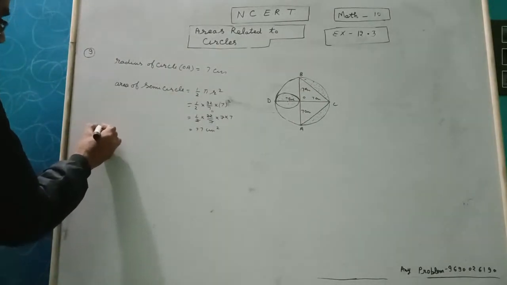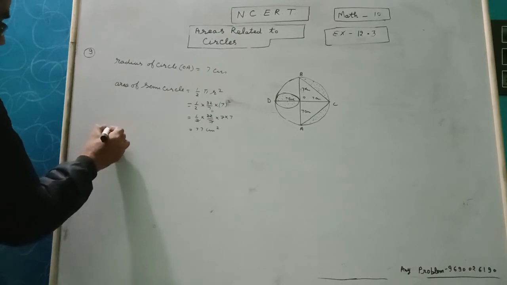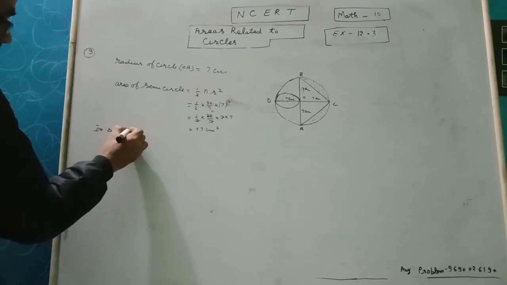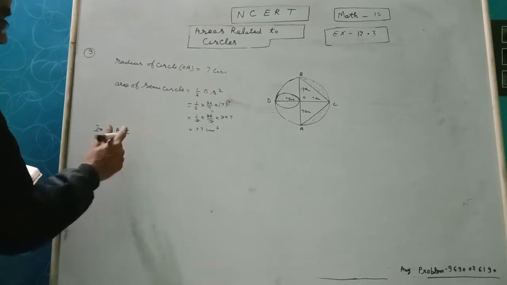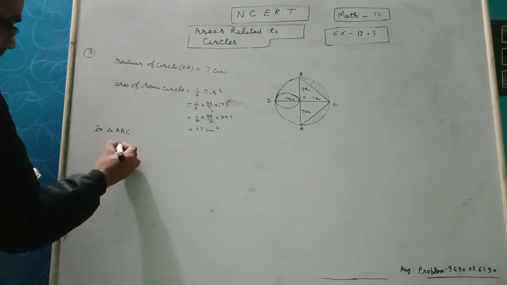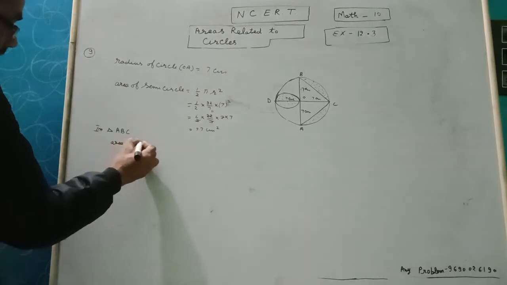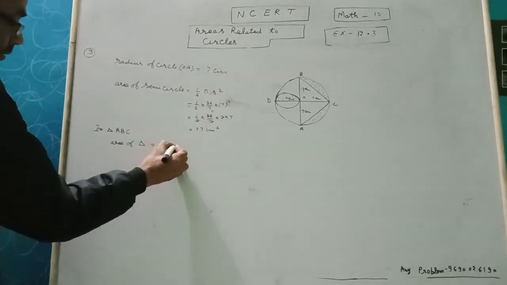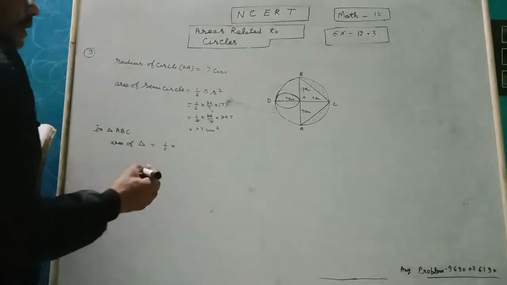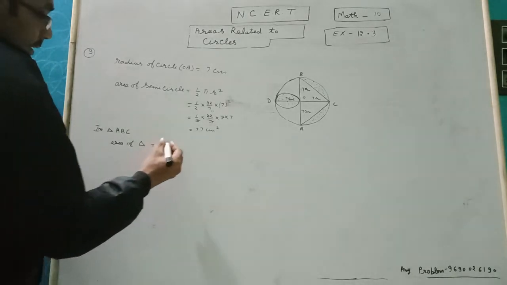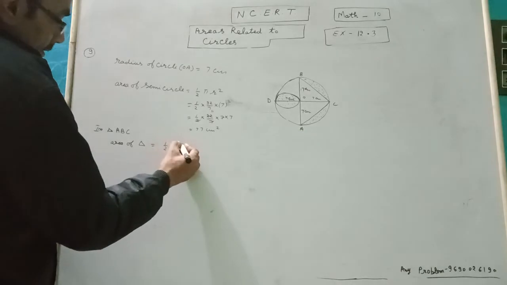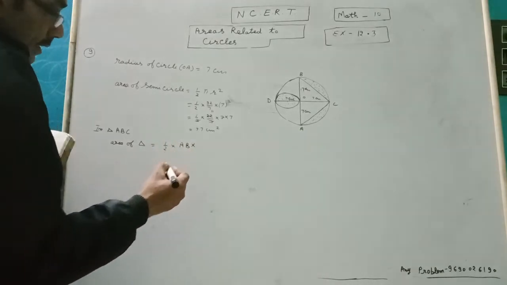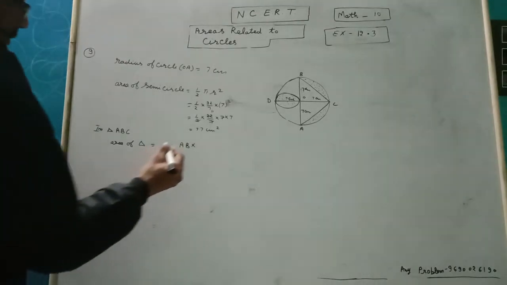In triangle ABC, area of triangle is equal to 1/2 base, which will be the diameter AB, into height, which is OC.